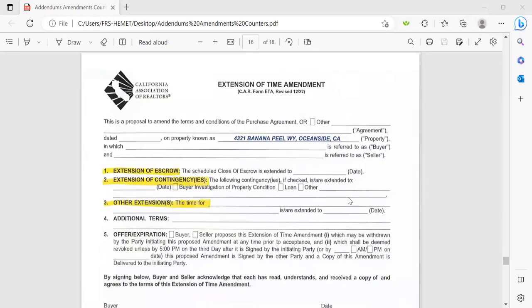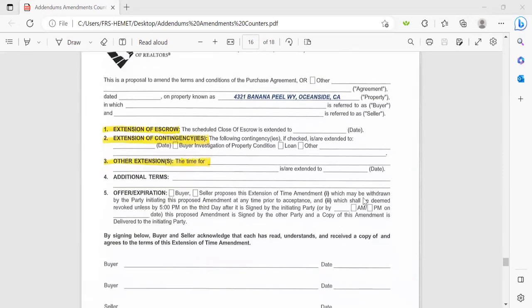All right, extension of time. These happen all the time, but people need to know about them. Scheduled escrow extended to, I was talking to Melody yesterday in the Hemet escrow office. And we were talking about the number that we were going to close for this month. I asked her, I thought when we talked a few days ago that we were going to hit this number.